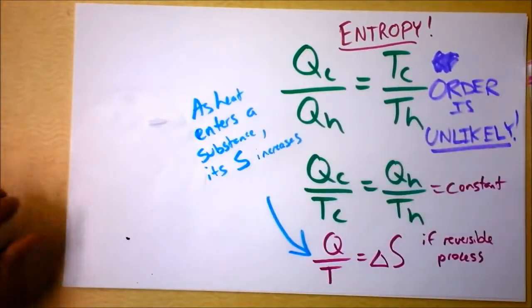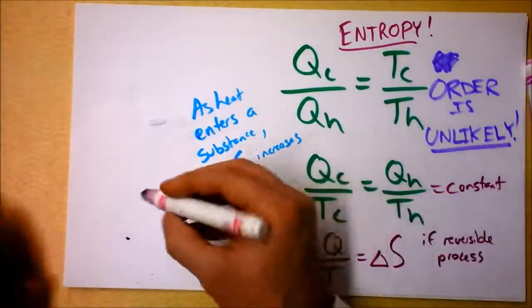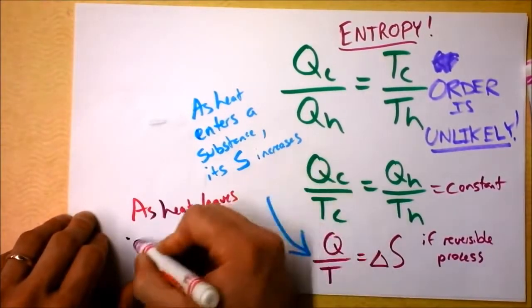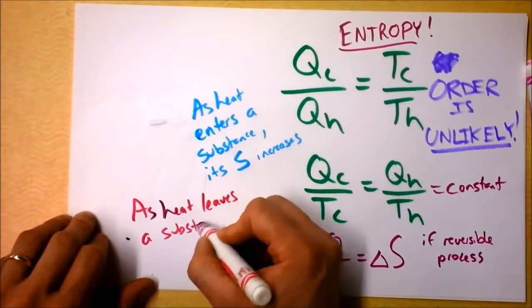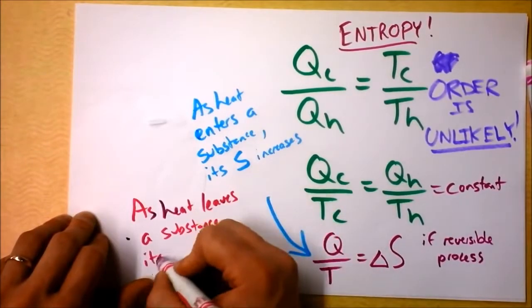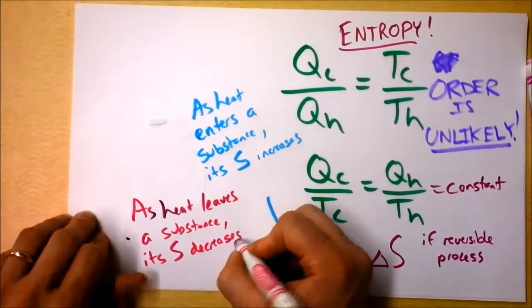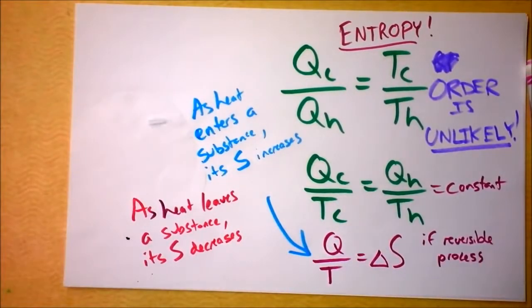And we could also say that as heat leaves a substance, its entropy decreases, because all we need is Q to be negative and we'll have entropy going down.